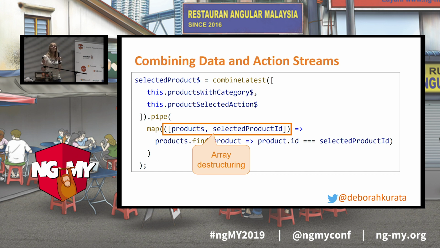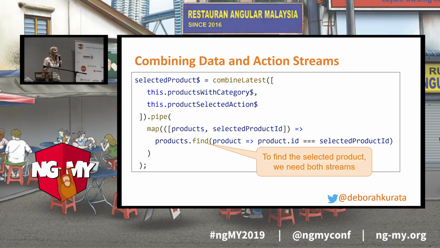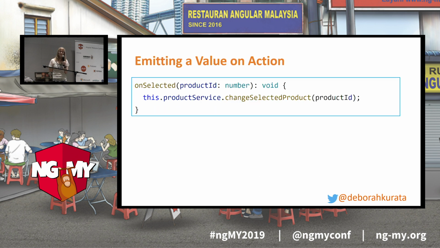Okay, are we still doing well? Yeah, great. All right, so then we just use the products find method to find that particular product. So every single time the user picks a different product, it is going to re-emit something, or we want to re-emit something into that stream. So how do we do that?